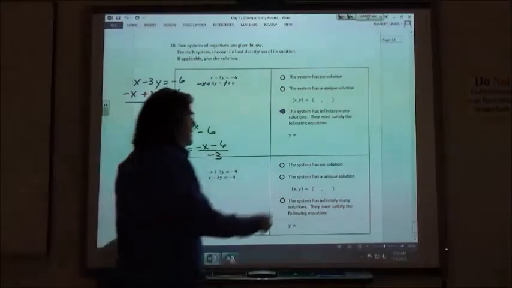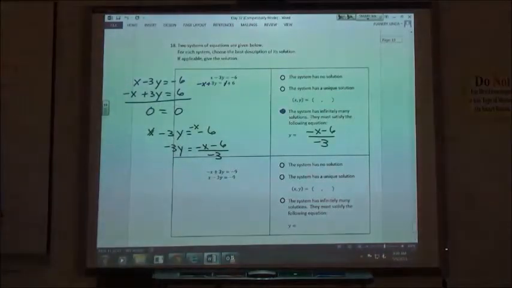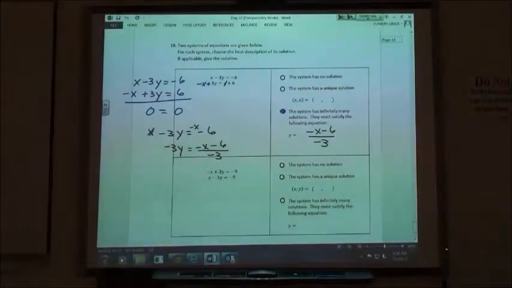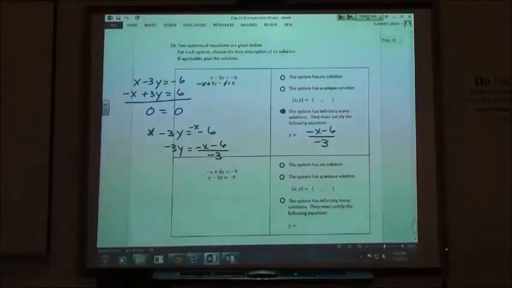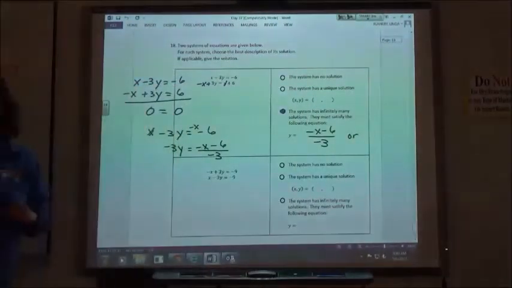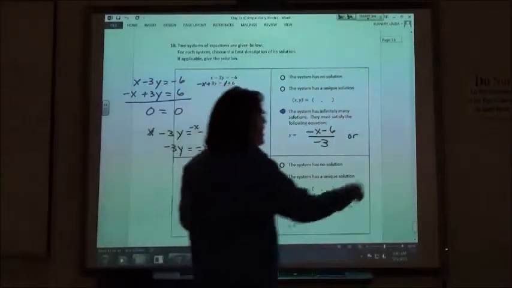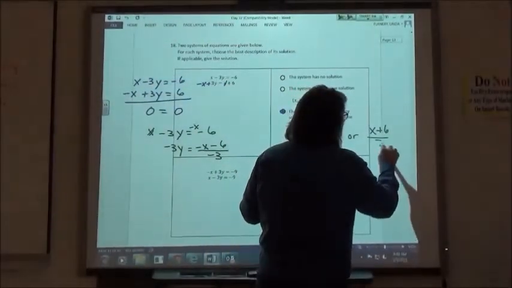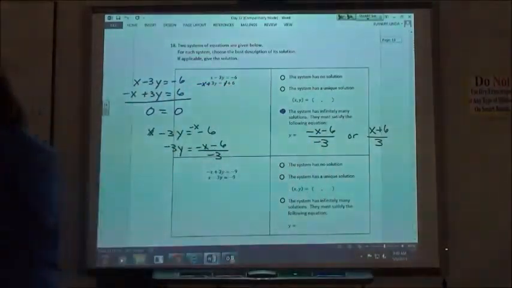So y is going to equal negative x minus 6 over negative 3. It doesn't tell us we have to simplify it, but you notice all of those are negatives, so you could also end up with x plus 6 over 3, since a negative divided by a negative is positive. Either way should be okay.